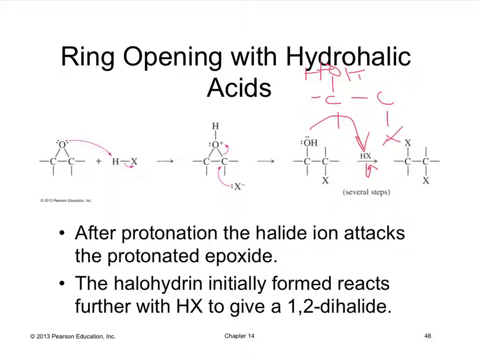So here's your intermediate, where you have a positive charge on the water because it's just protonated from the HX. Then the X will come in and attack and kick that off so that you generate two halides. So you get a 1,2-dihalide.